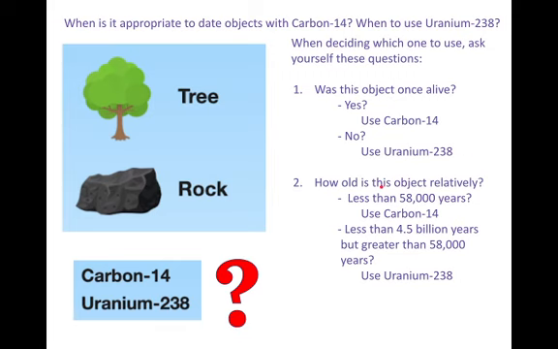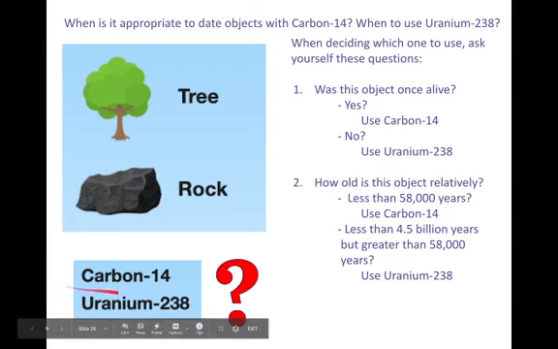And then how old is this object? So a tree, time can pass and it can get very old. So a fossilized tree, it actually looks almost like a rock. Those are really old. So you might be using a different sort of radio dating method. So if it's less than 58,000 years, then we would use carbon-14.